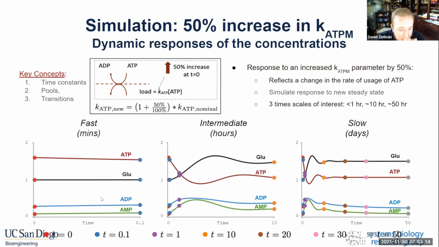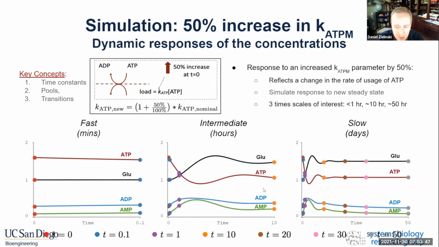One thing that I mentioned repeatedly already is that dynamics happen at multiple timescales. And so oftentimes it's illustrative to make different plots at different timescales. And that's what's shown here. So we have a fast, intermediate, and slow scale on our x-axis. In our fast dynamics, you can see there's not really very much happening.